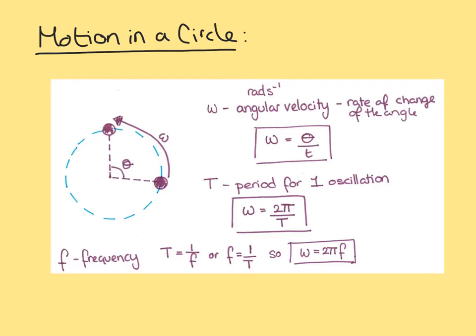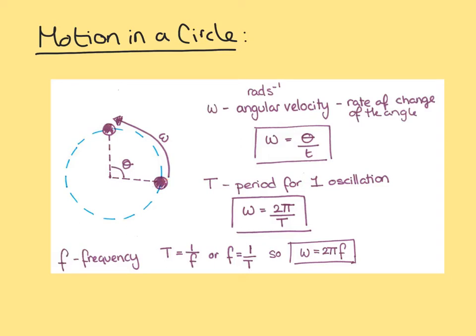Now, if we apply our ideas about period and frequency from way back when we started learning physics, we know that period, capital T, is the time for one complete oscillation. So that would be the time to get from here all the way around the circle and back again.